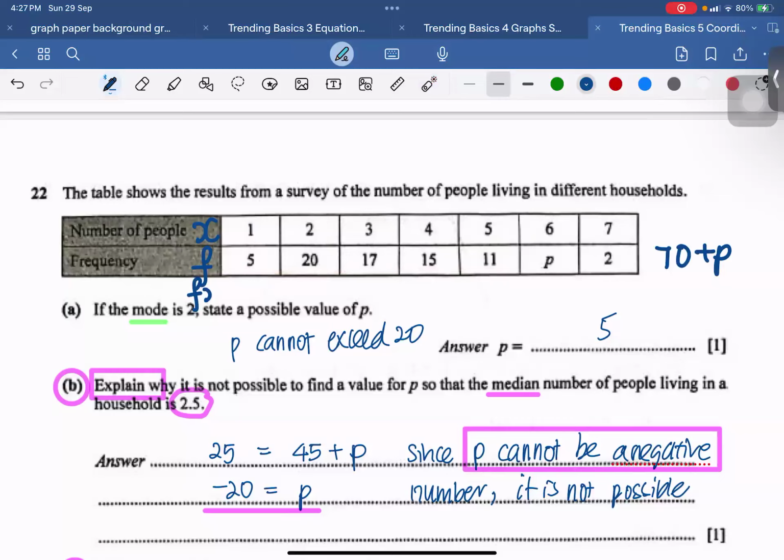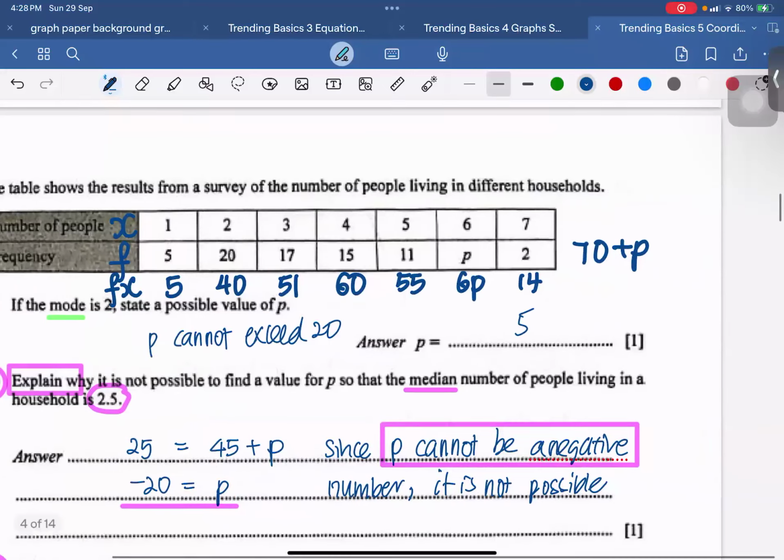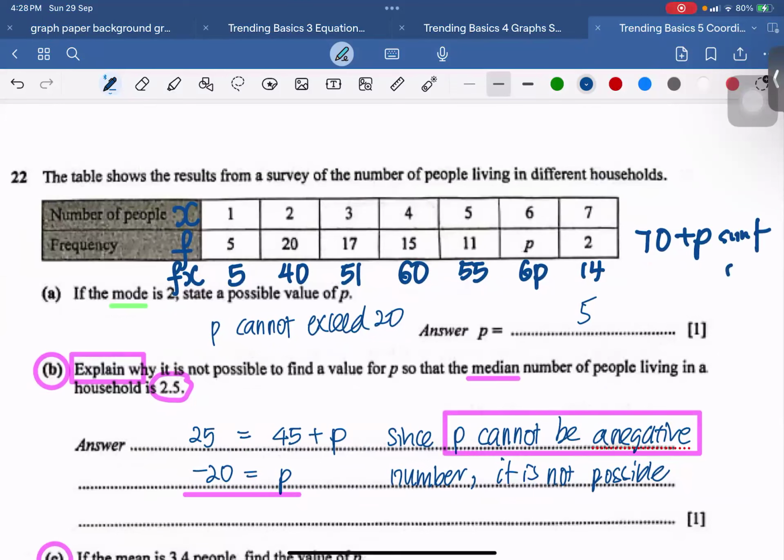F times x: 1 times 5, 40, 60, is it correct? Yeah, then 55. This is 6p. My sum fx, this one is sum f, will have something plus 6p.